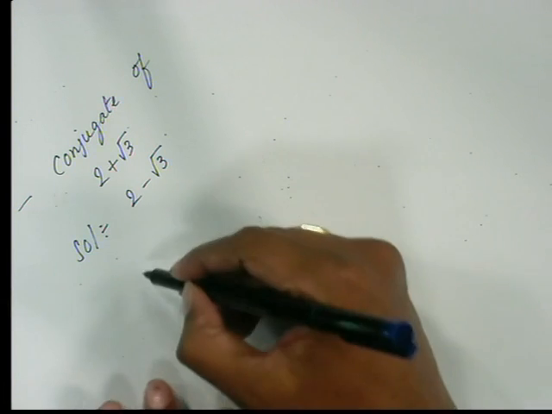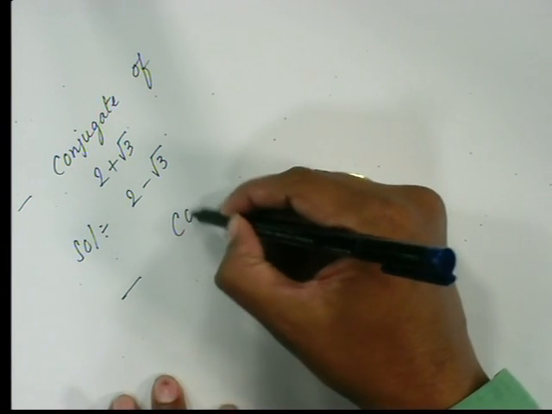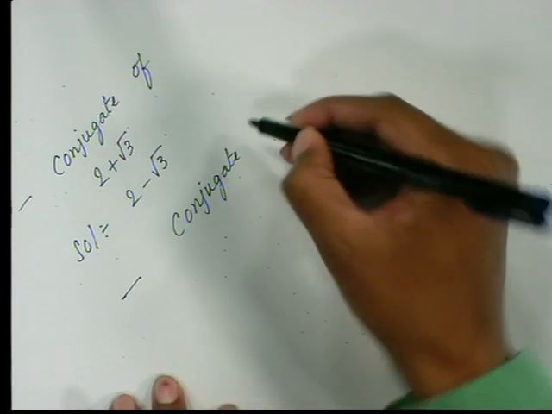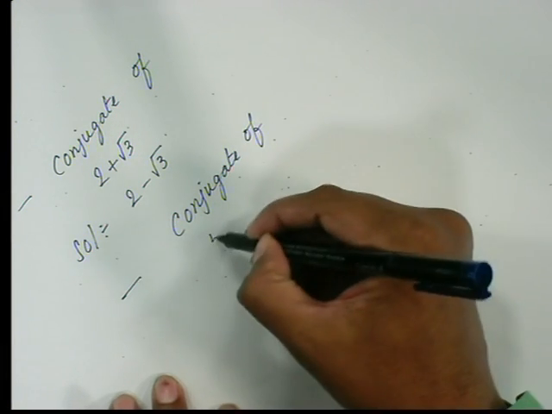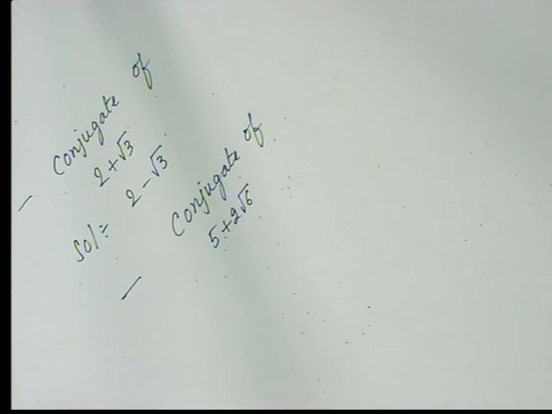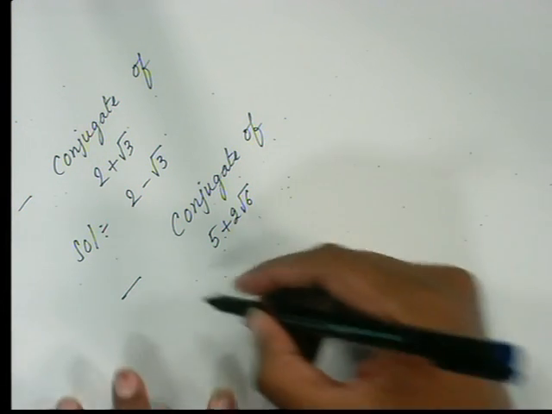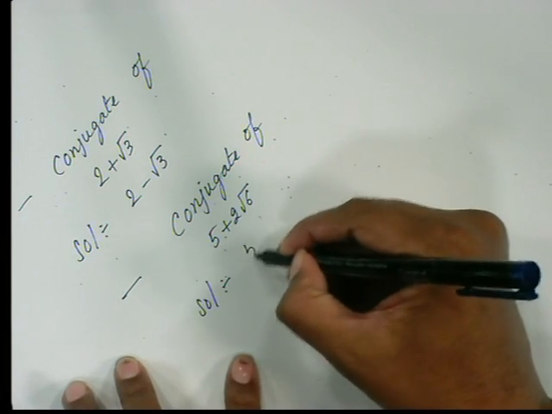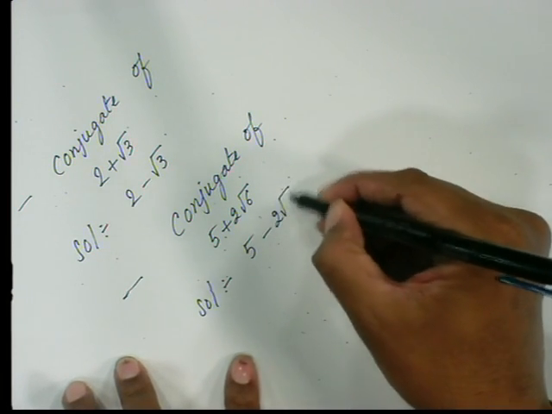So what is the conjugate of 5 plus 2 root 6? Do you expect it? What is the answer? Yes, you are correct. That is 5 minus 2 root 6 only.